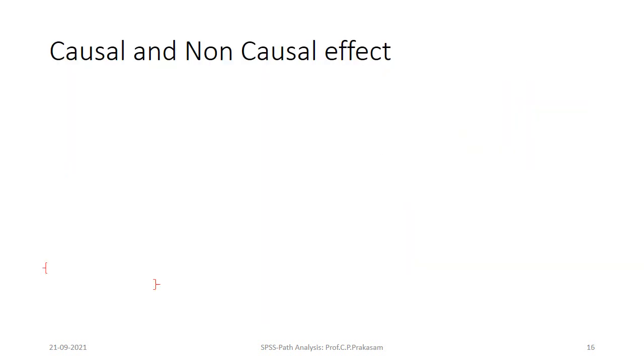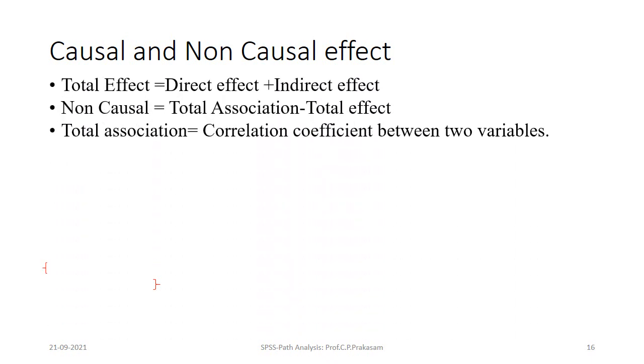Now we have to calculate the causal and non-causal effect. From that we can find out the critical path. How do we find that? From the tables given in table number 2 and table number 3, we can derive the total effect, which equals direct effect plus indirect effect.